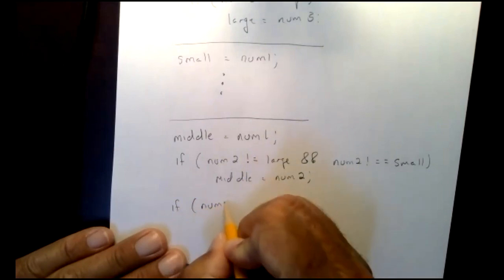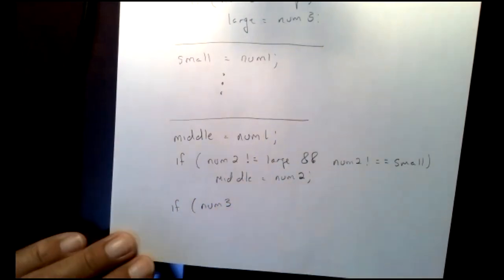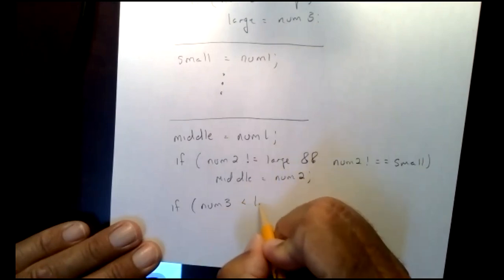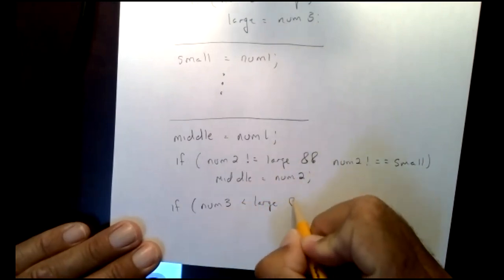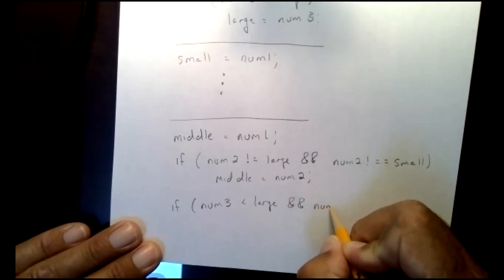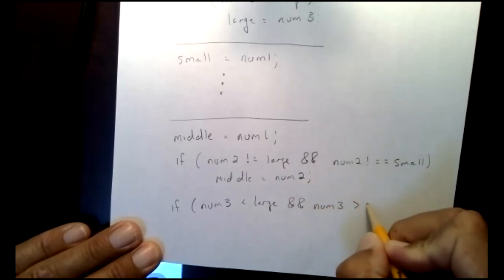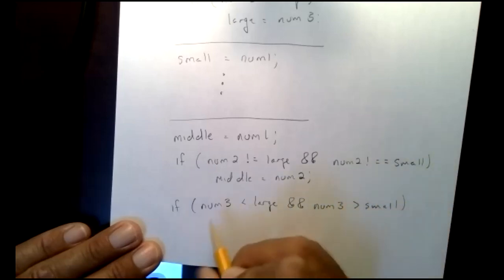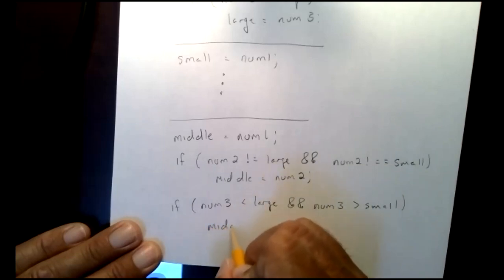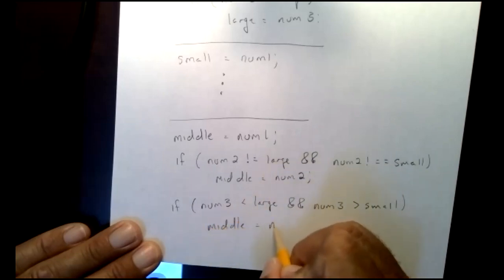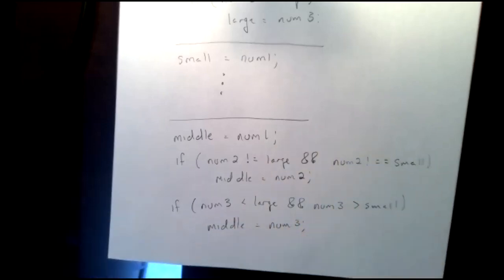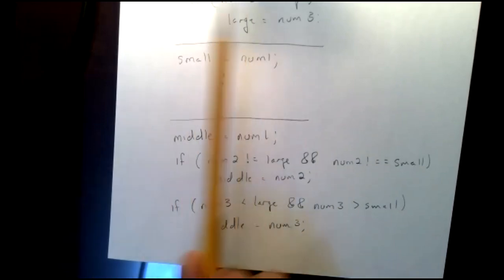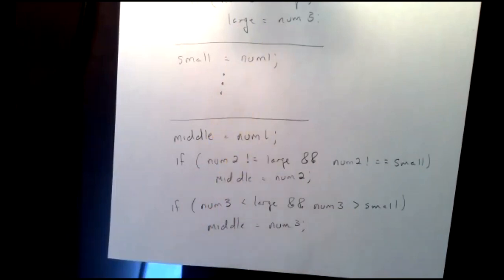If num3 is less than large and num3 is greater than small, then middle would be num3. Lots of different algorithms to follow. But yeah, this is one of those where I broke it down into finding the largest, the smallest, and the middle kind of deal.